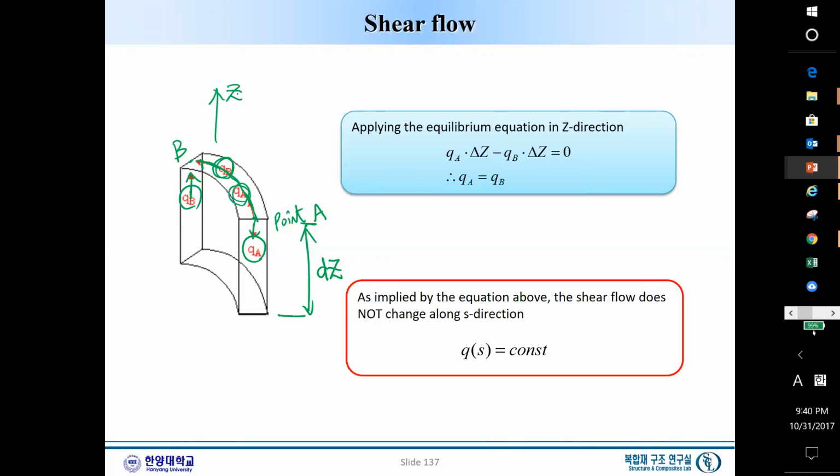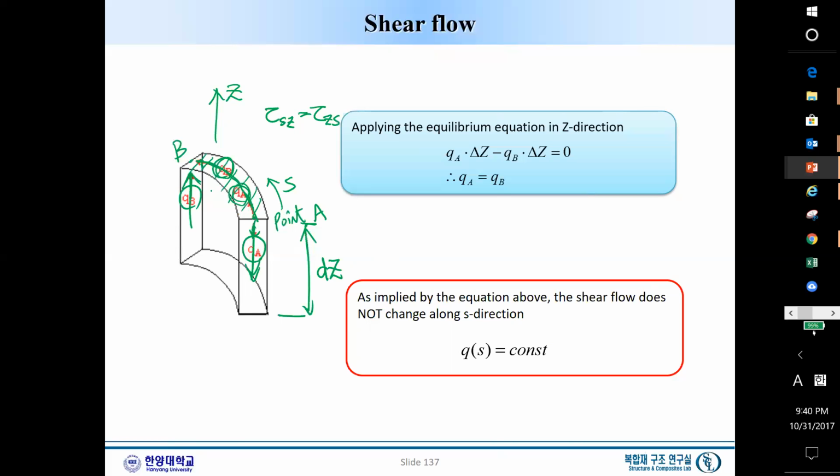Even though the shear flow exists on the top surface, in the S direction, the shear stress SZ is equal to the shear stress ZS. So this shear flow is all in the Z direction, and this shear flow is all in the Z direction.